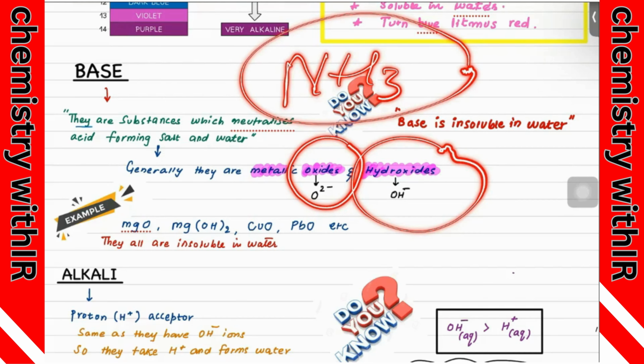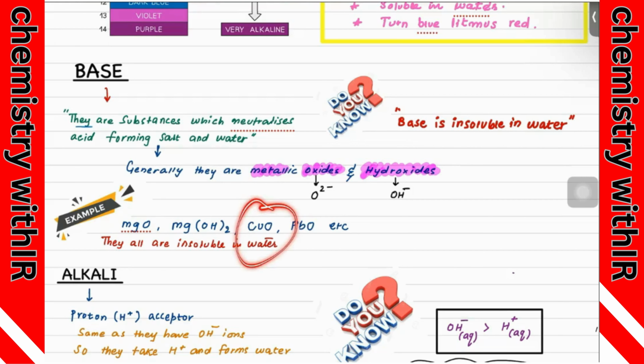Except ammonia, if you can see oxide or hydroxide, let's suppose sodium hydroxide, magnesium oxide, aluminium oxide, potassium oxide, calcium oxide, metal oxide, then they are bases.